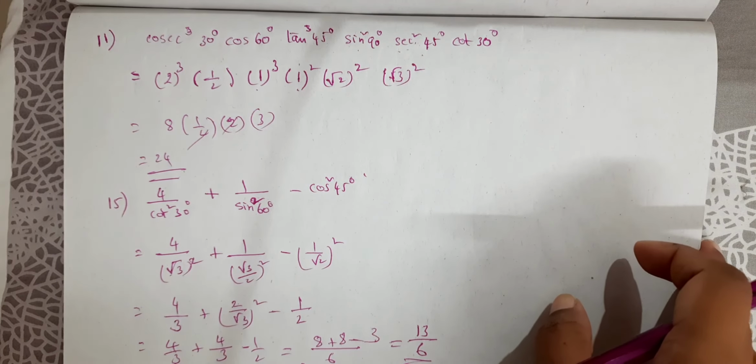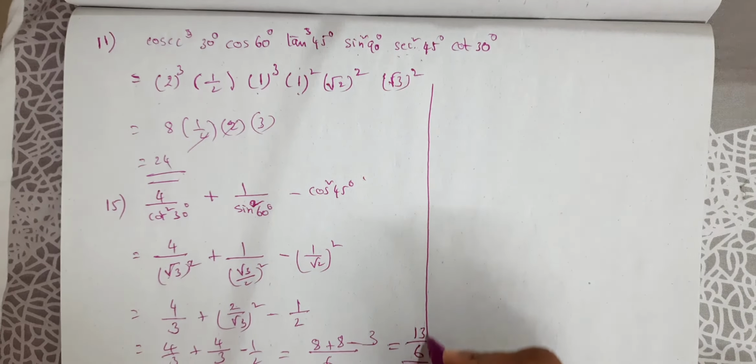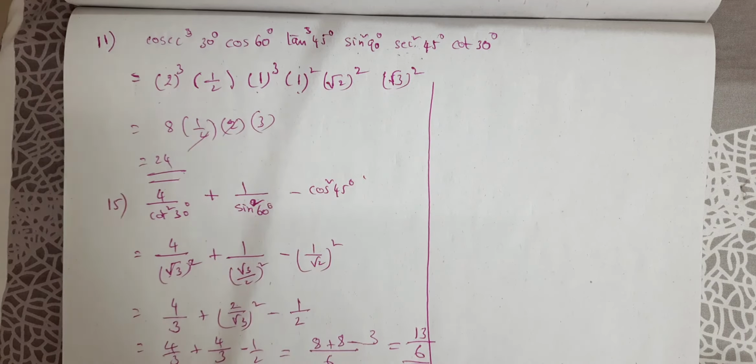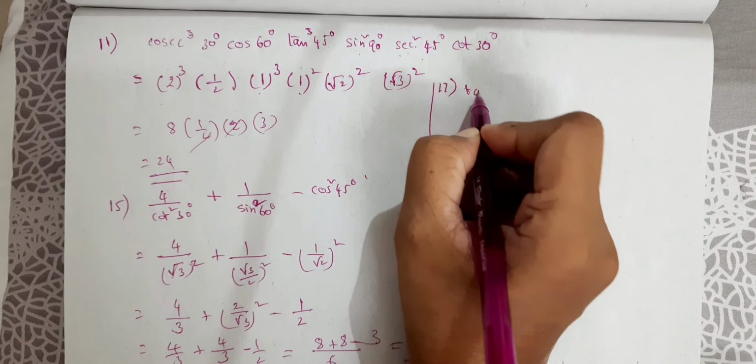So let us see one more problem. All are of similar kind. You need to substitute the values of trigonometric ratios and then we can evaluate the question which is given in any manner. Okay. So like the 17th problem. So many terms are there.